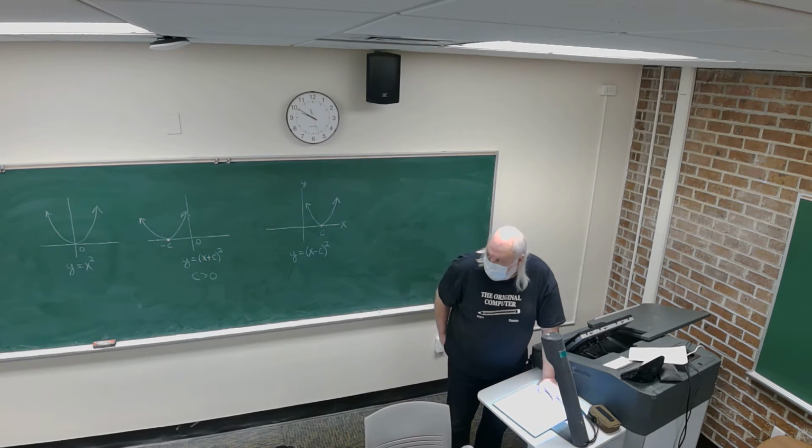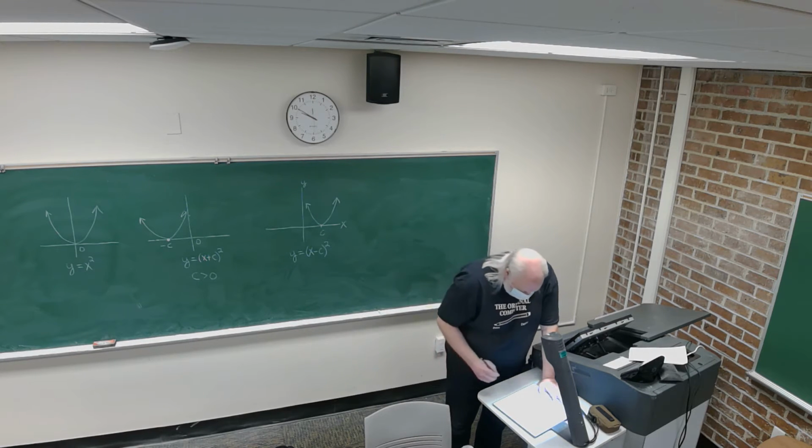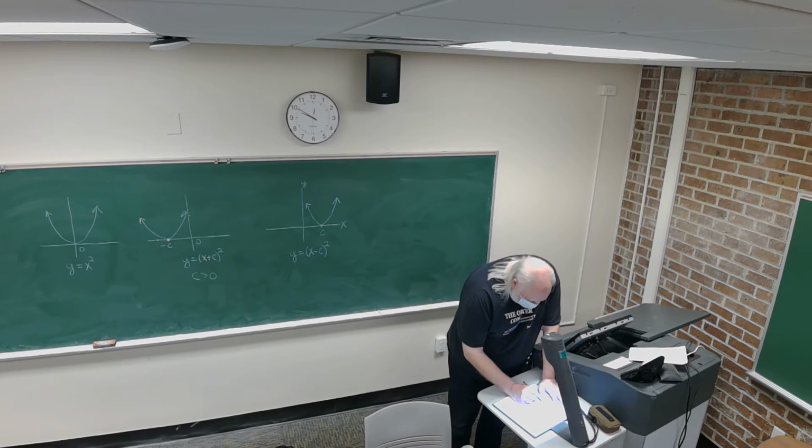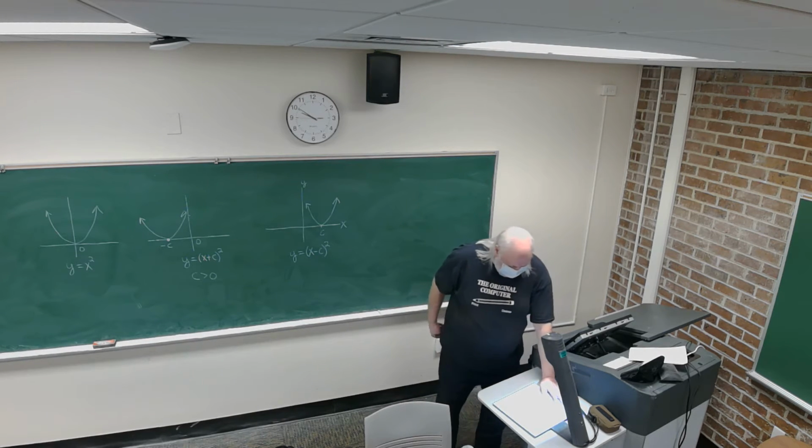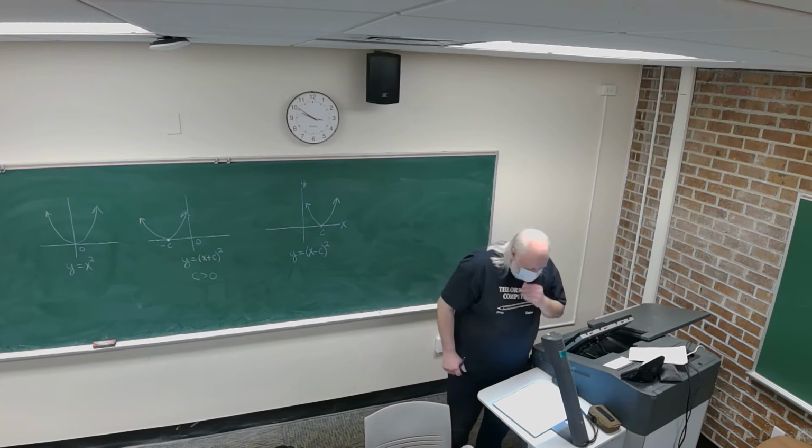Then 0 times 2 is 0, so the x-intercept (2, 0) is still on the graph. And then 4 times 2 is 8, so the point (3, 8) is on the graph.